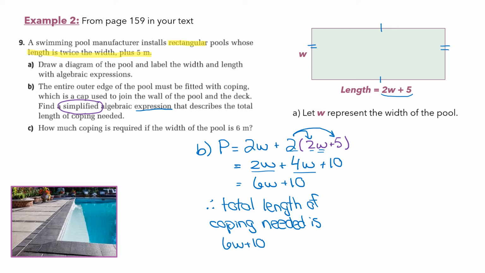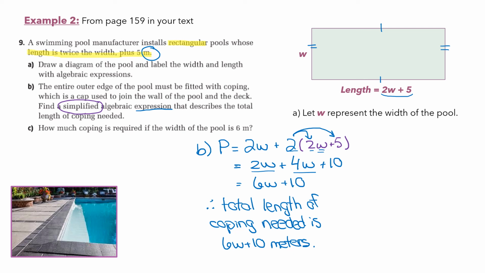The last question was about membership bonuses and we had a dollar sign here, but this one's not dollars. What are the units here? It's up in the question right at the top. We're talking about meters. So this is meters. That's the total length of coping needed. That's the end of part B.